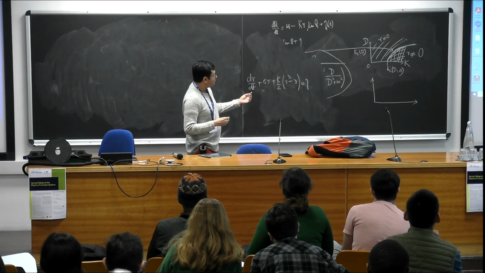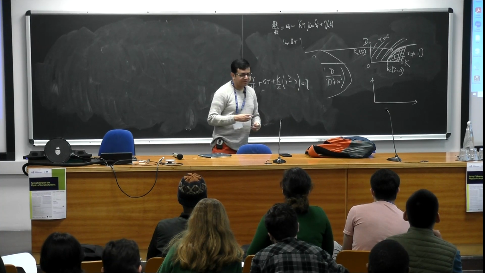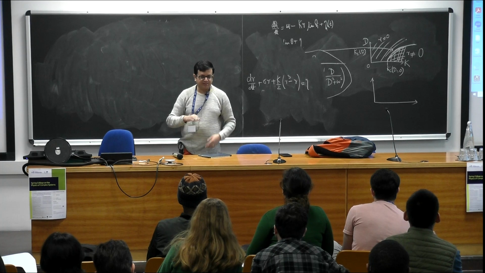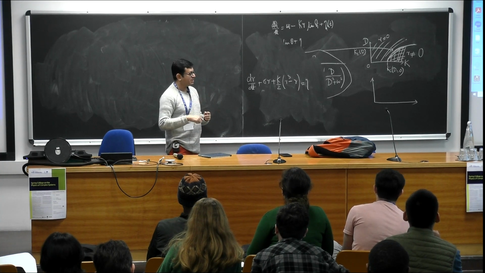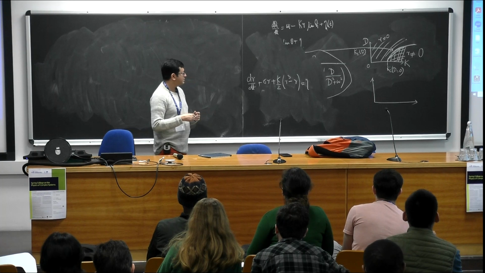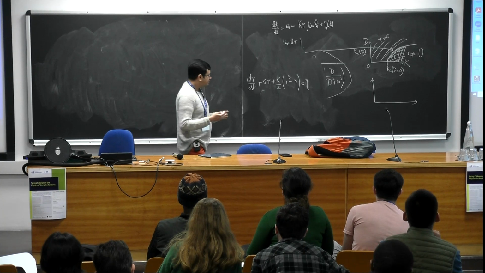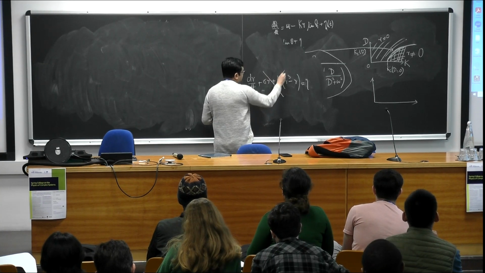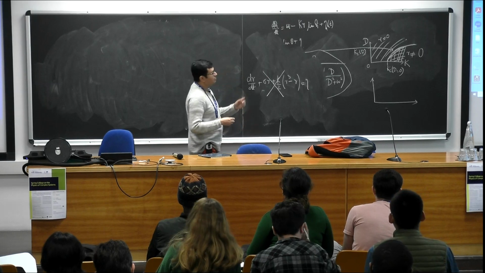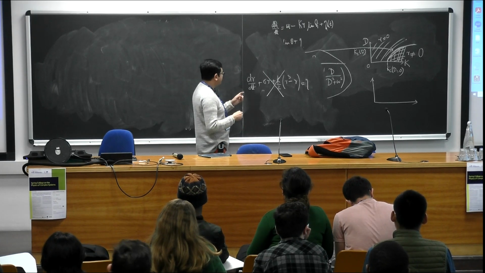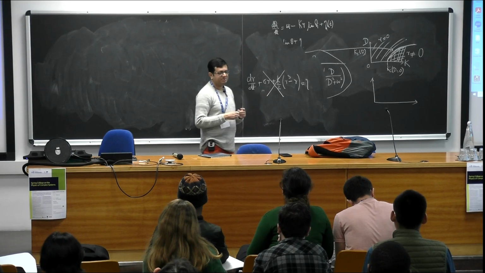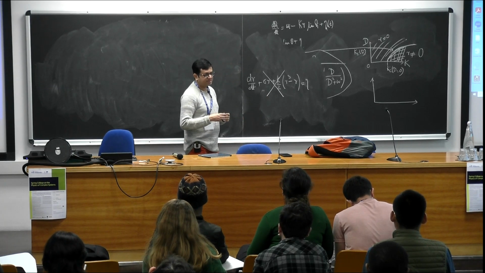The answer is no, because here all those nice properties, that there is a manifold to which the solution is confined, if you start on that manifold, you remain on that manifold, etc., they don't work. So therefore you don't have an Ott-Antonsen ansatz when you have noise in the dynamics. So you cannot write down an exact time evolution equation for the order parameter when you have noise in the system.